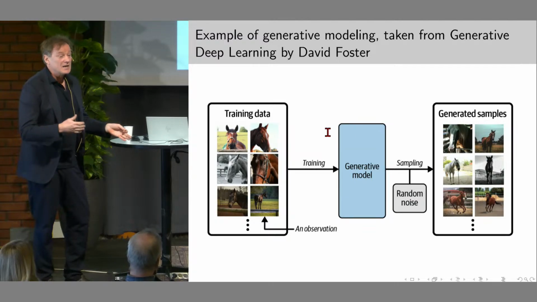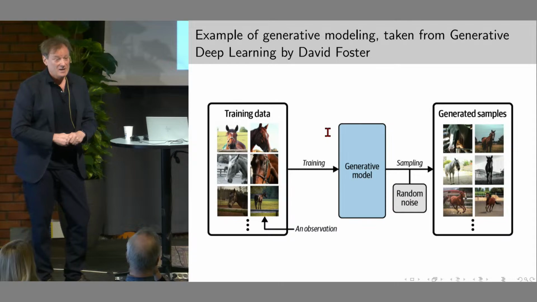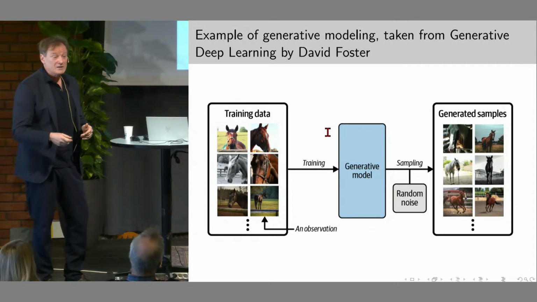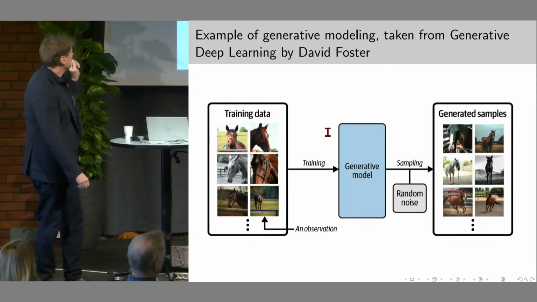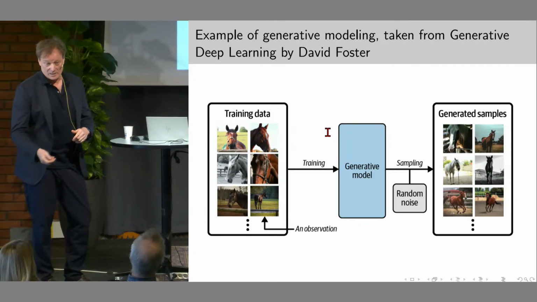Like if you're looking at housing prices, it's pretty obvious that the number of rooms is strongly correlated with the price of the house, whereas the color of the house is probably less correlated. These are things you can extract in a discriminative method, but if you have a generative method, then you can generate new images, for instance, or new data.